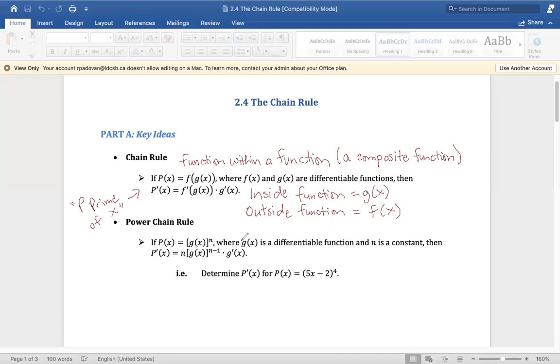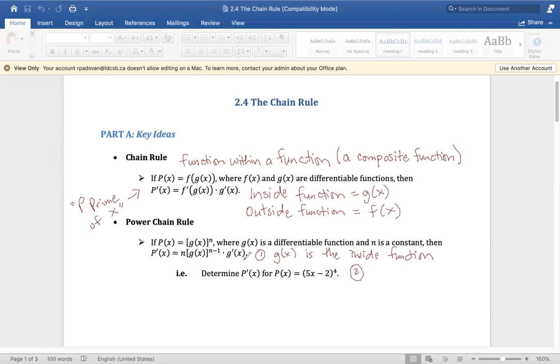So for the power chain rule, number 1, here I just want to write down for this particular example that g of x is the inside function. So then what would the outside function be here for this generic example?